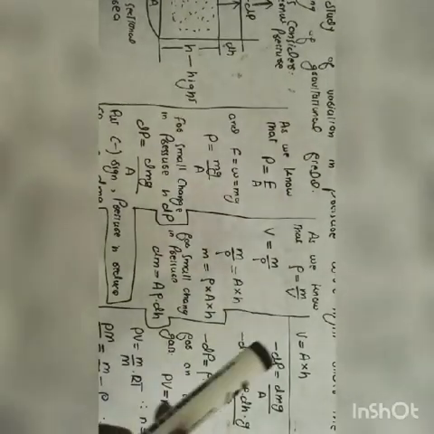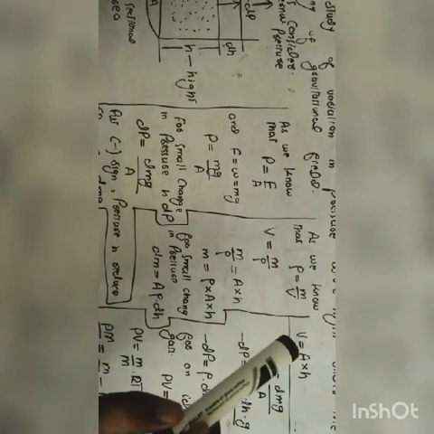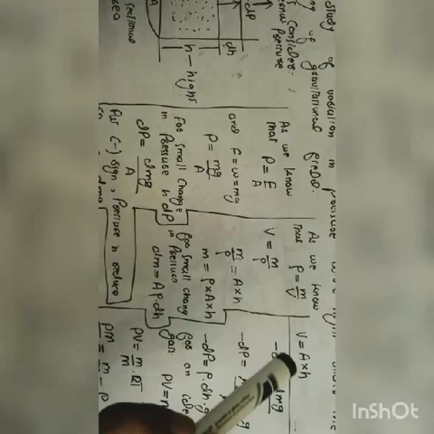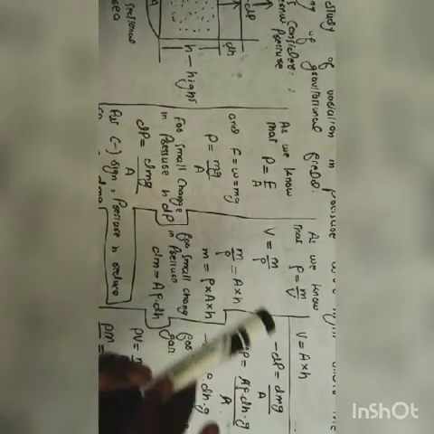As we know, the volume of the container V is equal to A cross H, where A is the cross section area and H is the height. So we can determine the volume of the container.